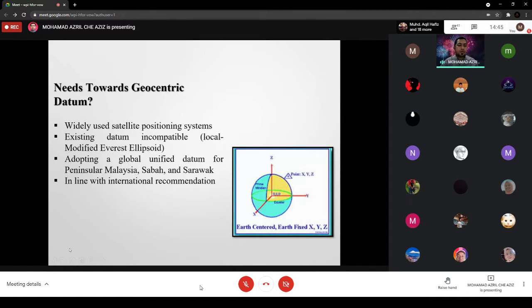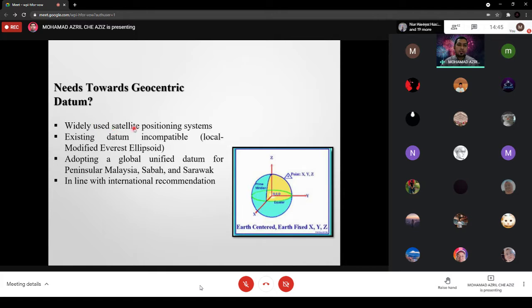Then we go to the introduction of the modern geodetic datum. Starting 1994, there was a need toward a geocentric datum. Why the need towards a geocentric datum?